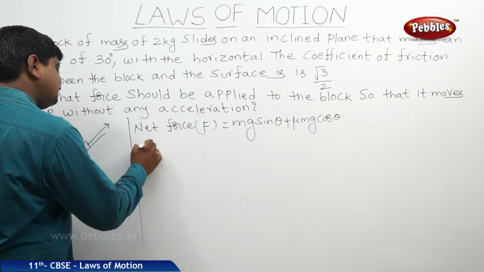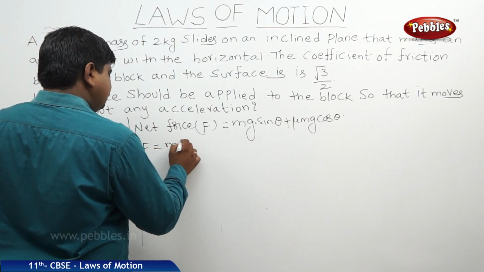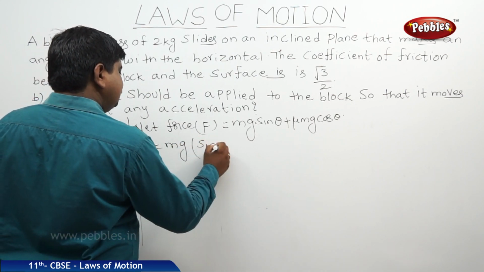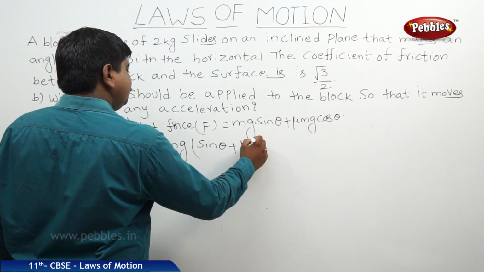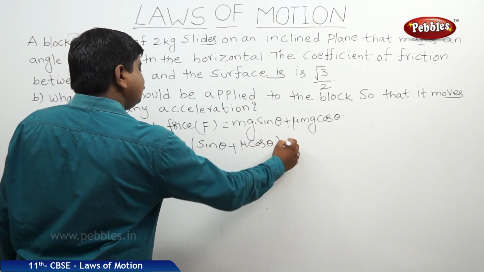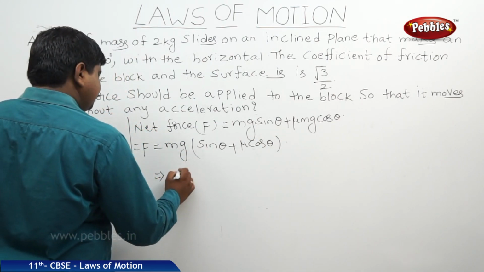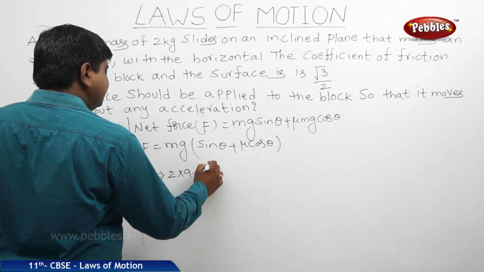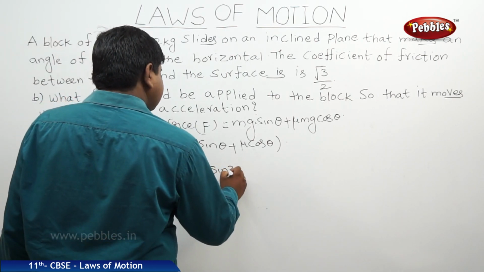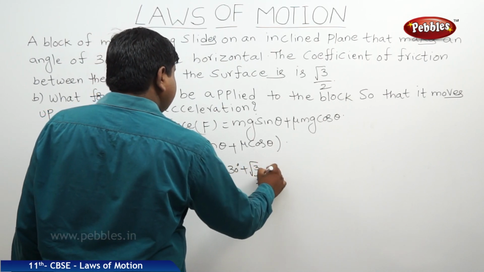So therefore F is equal to, we can take mg as common, sin theta plus mu cos theta. Where m is 2 kg, g is 9.8 into sin 30 degrees plus mu, root 3 by 2, into cos 30.